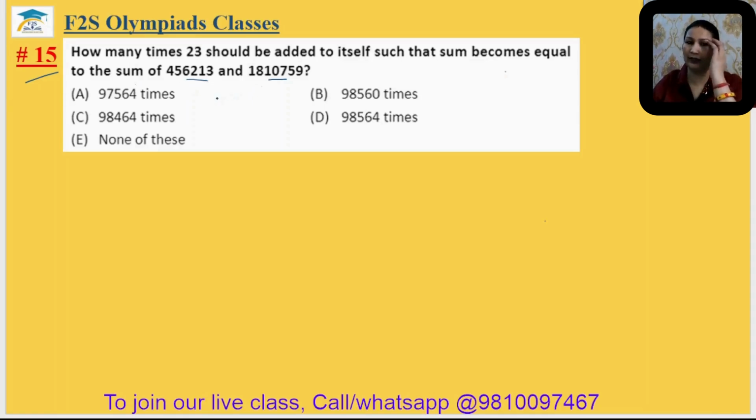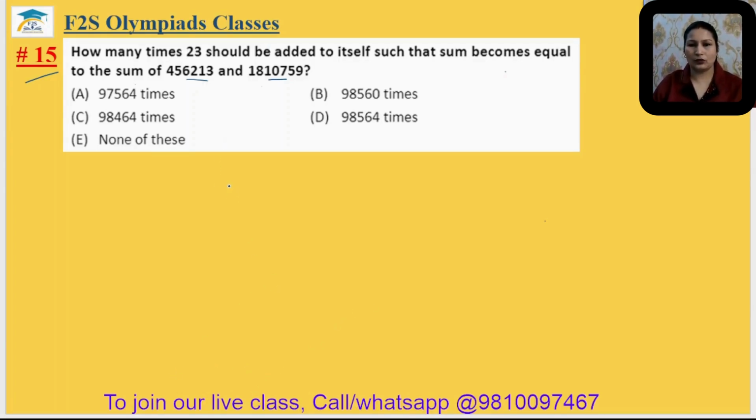Then we will find how many times we can add 23 plus 23 plus 23 such that the sum should be equal to the sum of these two numbers. So first find the sum of these two numbers.